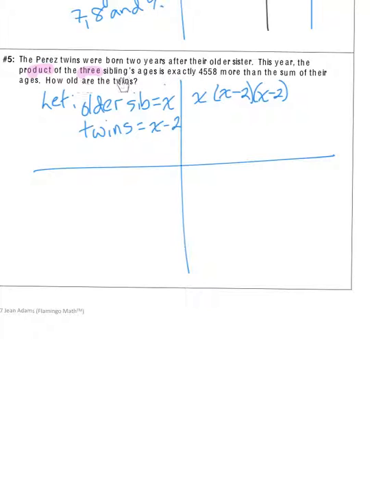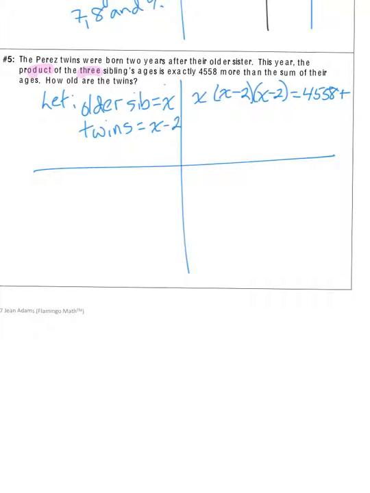So the product of the three siblings' ages is, remember is means equals, 4,558 more than, which is a plus, the sum of their ages. So if I add these together, remember I have another x minus 2 to count for. So I've got 3 x's and 2 negative 2's.